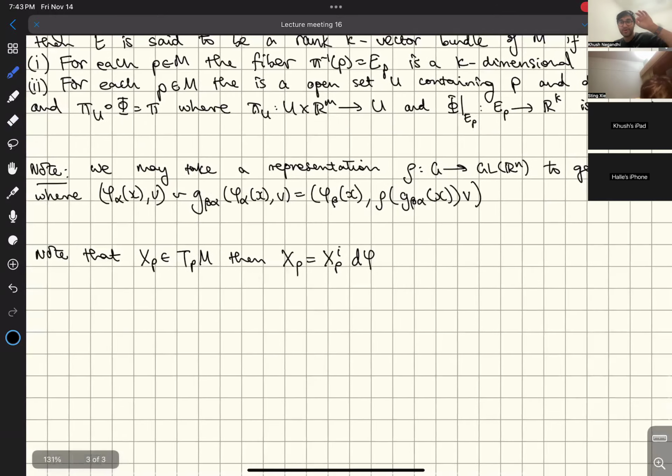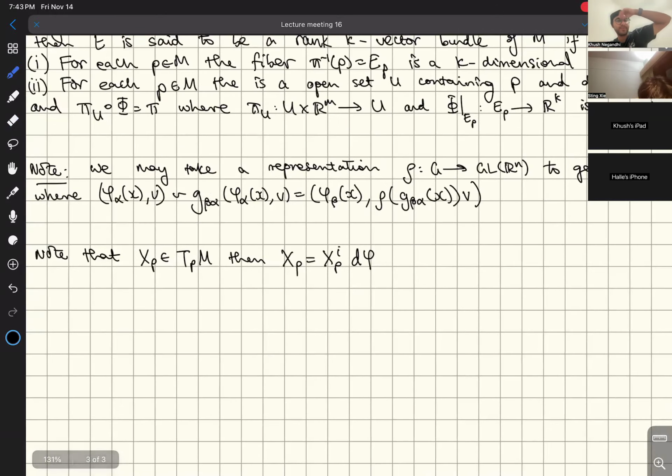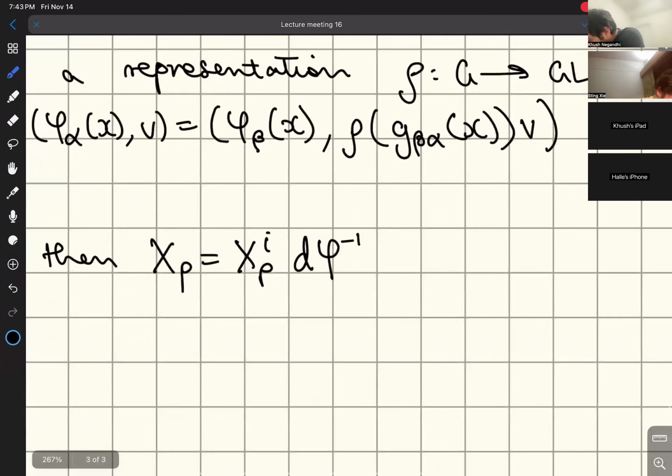So you pick a point in the tangent space, you pick a choice of coordinates on P or around P, and then as we defined last time, this is how your tangent vector is defined in these coordinates.